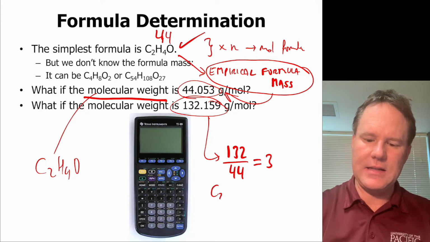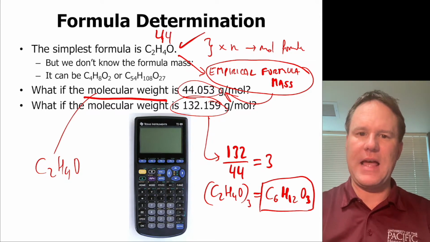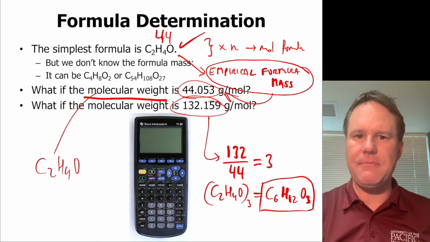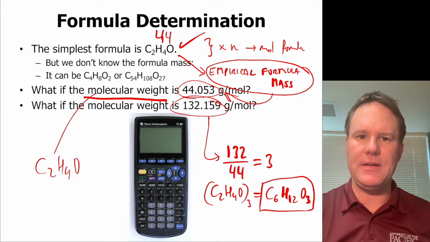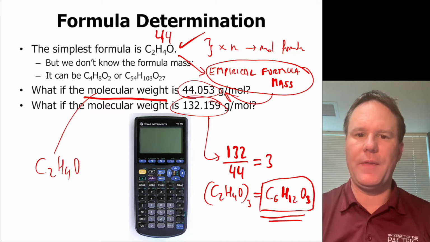So I take the C2H4O 3 times, that will be C6H12O3, and that will still have the same mass ratios, the same mass percentages, the same mole ratios between the elements, but it will also have the proper molar mass of 132, right?